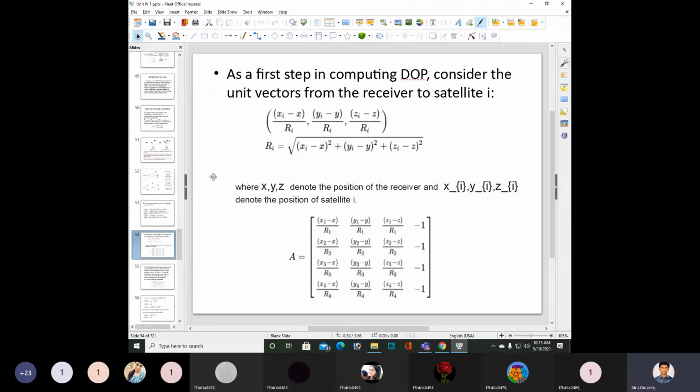In that we consider the Ri value, where x, y, z denote the position of the receiver, and xi, yi, zi denote the position of satellite i. Okay, so this is the matrix equation for a DOP, dilution of precision.